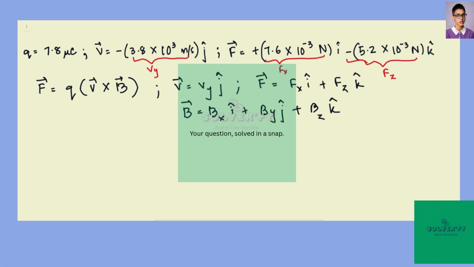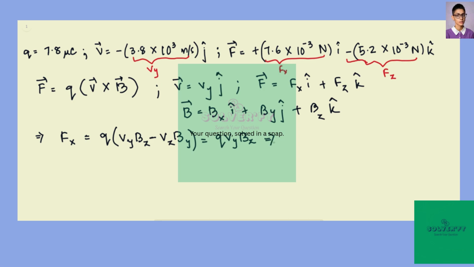Now, when we do the cross product, we see that Fx will be given by q times (Vy Bz minus Vz By). And Vz is 0, so this value will just be q times Vy Bz.